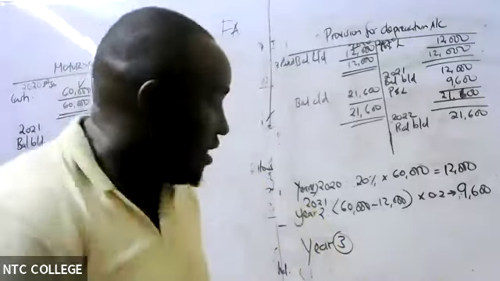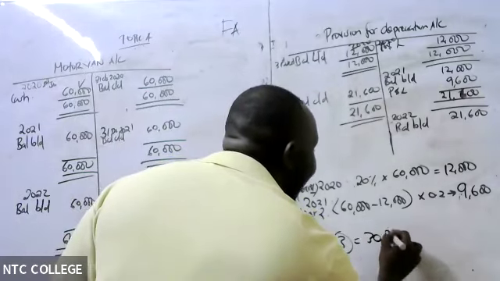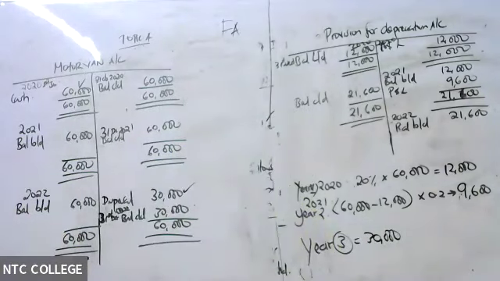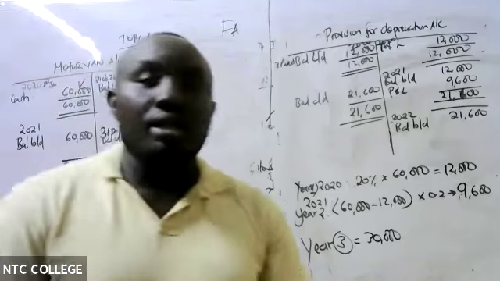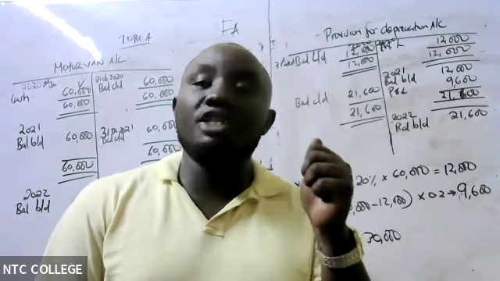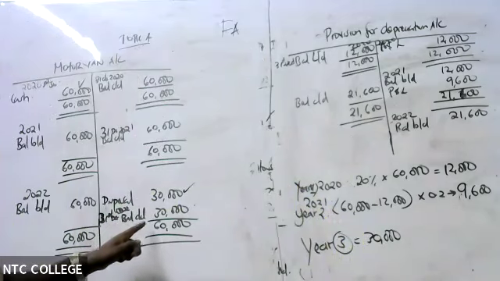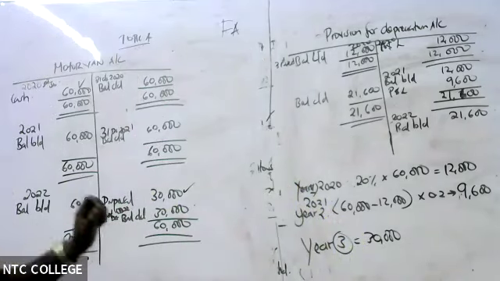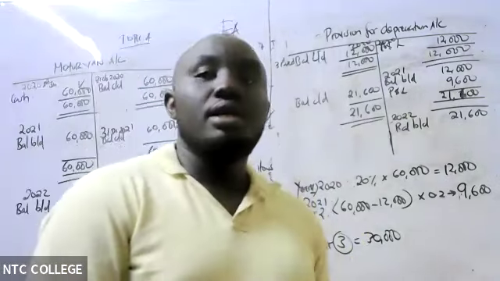Meaning on the third year, we're only providing for depreciation of the one asset remaining. So in 2022, we only have 30 because we don't provide depreciation for an asset that we are disposing.